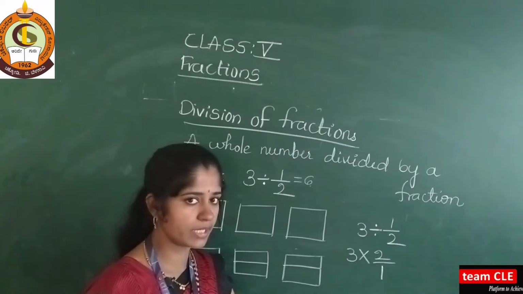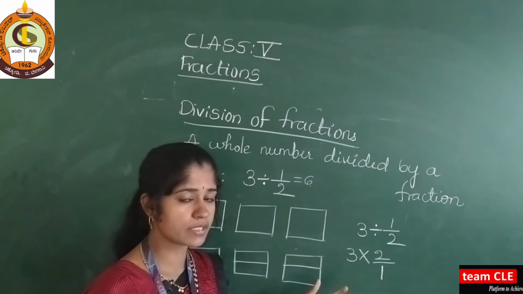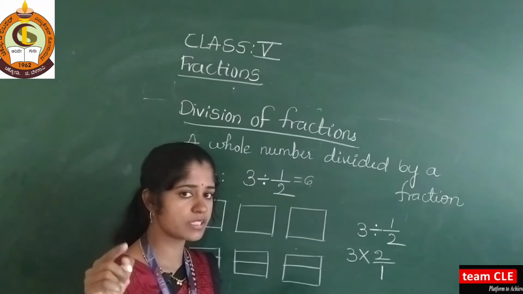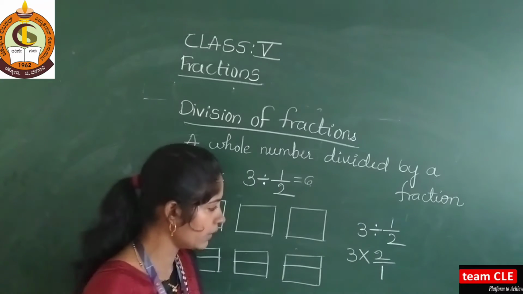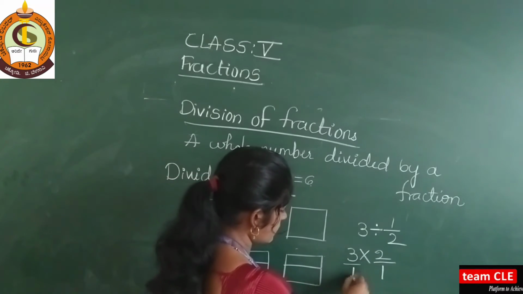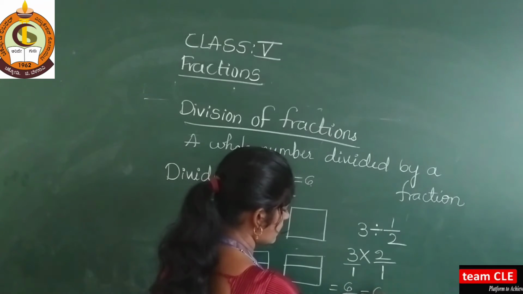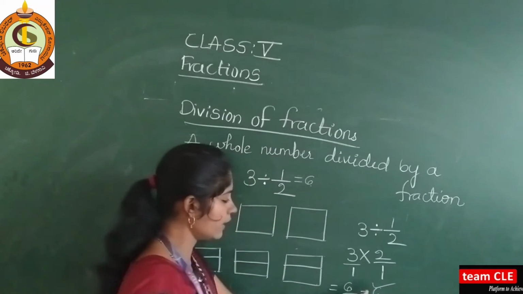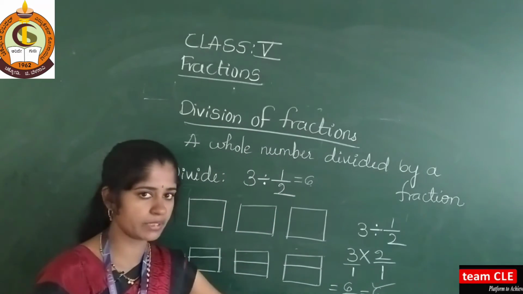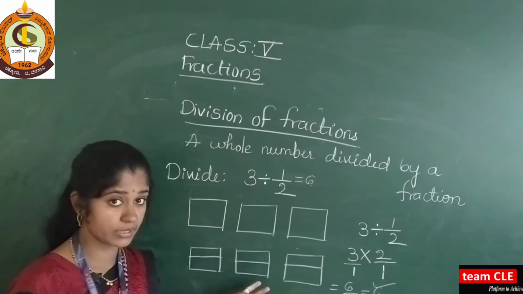What is the inverse? Just now I told you the inverse of 2 by 3 is 3 by 2. So here I wrote 2 by 1. Here there is no digit, which means it's 1. 3 2s are 6, 1 1s are 1, and 6 by 1 is nothing but 6. This is by the division method, and the earlier one is by using diagrams.